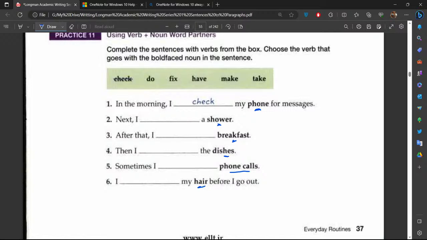So the first one, in the morning I check my phone for messages. Check, this check is selected. Next, I take a shower. Take a shower. After that, I have breakfast.